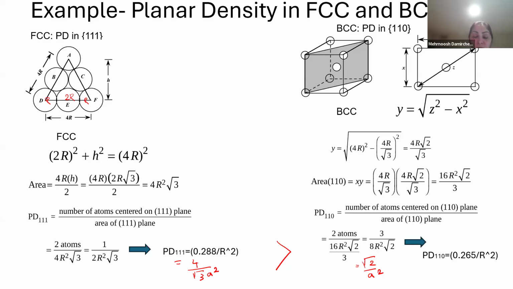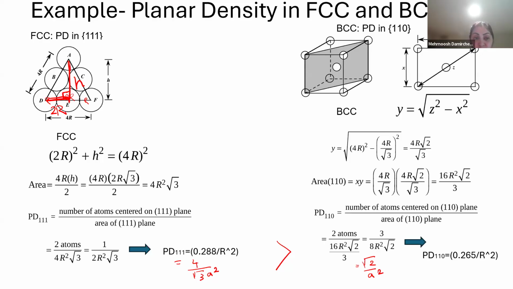For the area of the triangle, we need to calculate the height first. Look at this triangle. This side is 2R, this side is H, and this side is 4R. For the right triangle, we can say 2R squared plus H squared equals 4R squared.